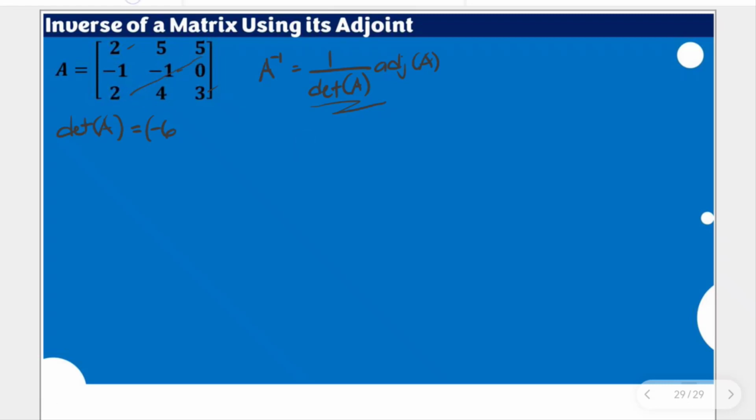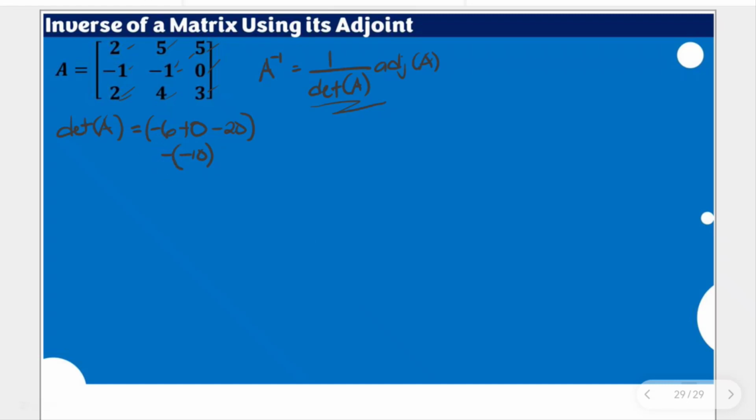So we have this again, 2 times negative 1 times 3 is negative 6, followed with 5 times 0 times 2, that's 0. Then 5 times negative 1 is negative 5 times 4 is minus 20. All of this will be subtracted by the other flow, from upper right to lower left. 5 times negative 1 times 2 is negative 10. Again, subtraction, all of them.